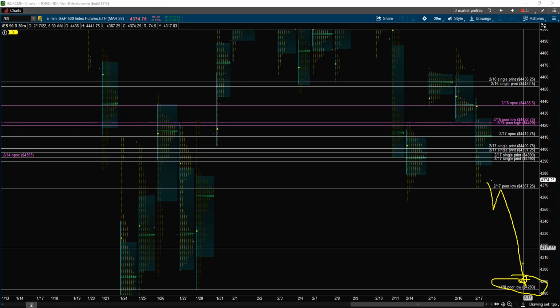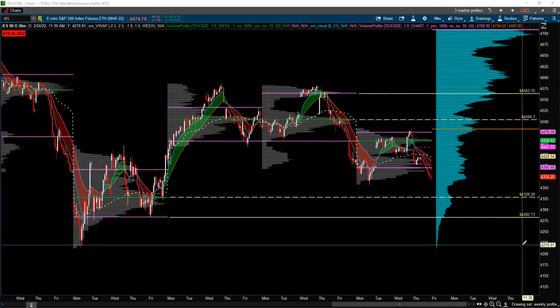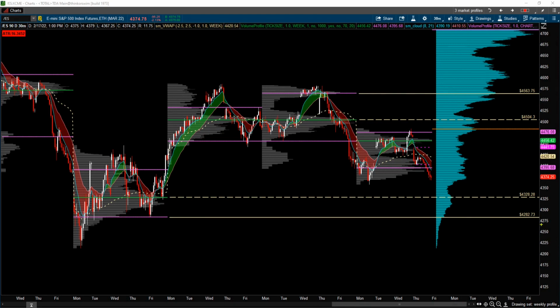That is the extreme. Now looking at the weekly volume profile for the ES, here's last week's value area. You can see that price came up, unable to get up to the weekly point of control at the 45.04 area, and then came back down outside of this value area.